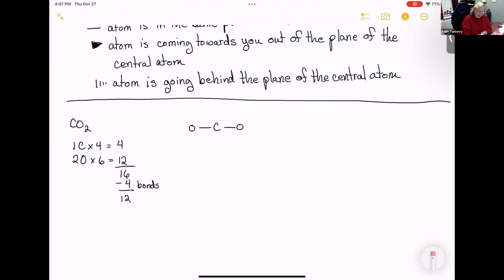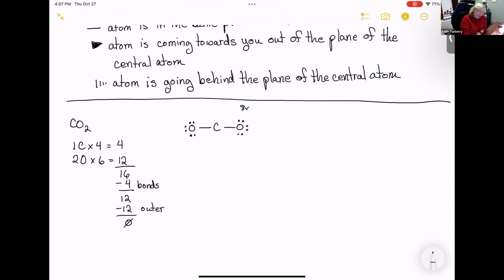To give oxygens an octet, we will need to give each oxygen an additional 6 electrons, which we'll illustrate as dots around those oxygens. By giving our oxygens their octet, we've used up the 12 electrons we had left and we've hit 0. Anytime you hit 0, you ask, does everybody have an octet?